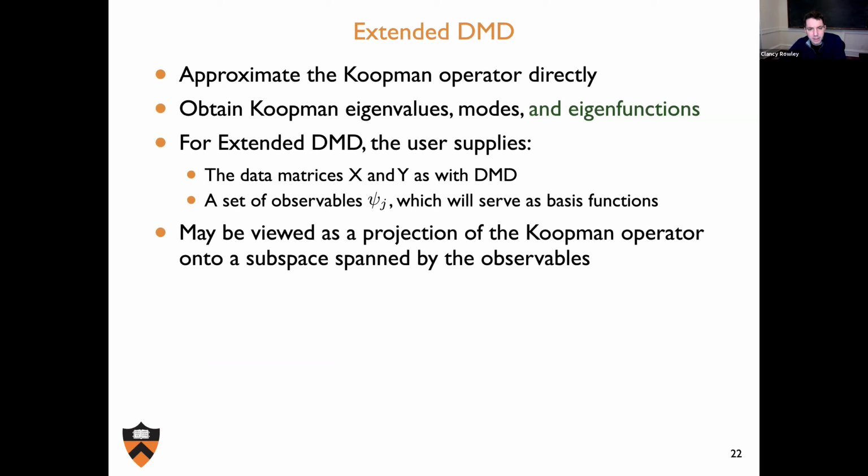What you need to feed it, in addition to the data, is a set of observables, some functions. These are just real or complex valued functions, which will serve as basis functions for a function space, a subspace of a function space on which we'll project this Koopman operator. Okay, so then this extended DMD, which we call EDMD, is just a projection of the Koopman operator onto the subspace spanned by those observable functions.